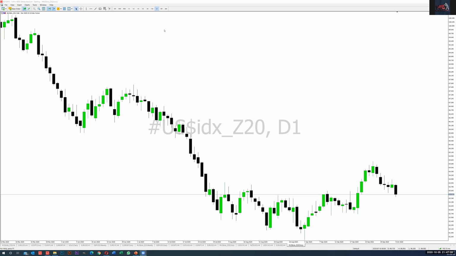a range, I've got dollar index here, right? Now you can clearly see on the chart, dollar index has been moving down, right? It has been bearish, right? But if you look from 29 July up until 20 September, let me highlight that range for you.